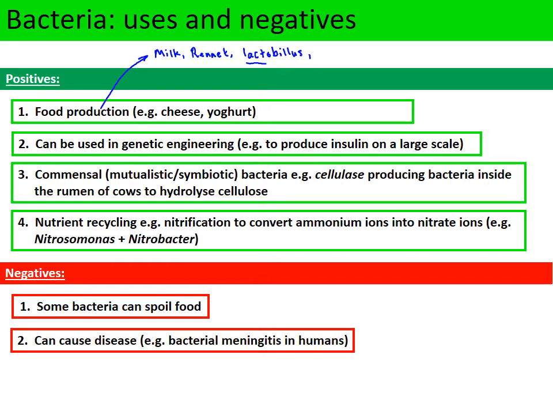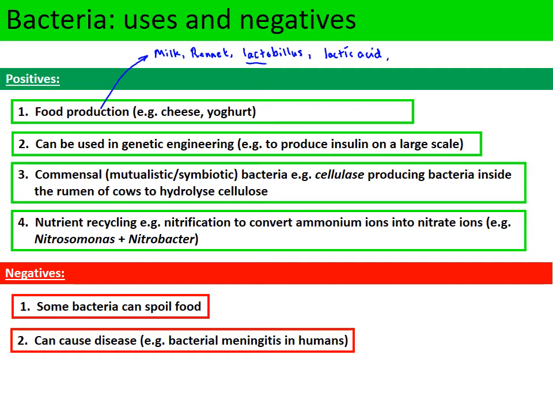They respire aerobically to make ATP, but they can also replicate in the absence of oxygen, and they'll switch to anaerobic respiration. So one product of anaerobic respiration in these lactobacillus bacteria is lactic acid, from lactic acid fermentation when there's no oxygen present.